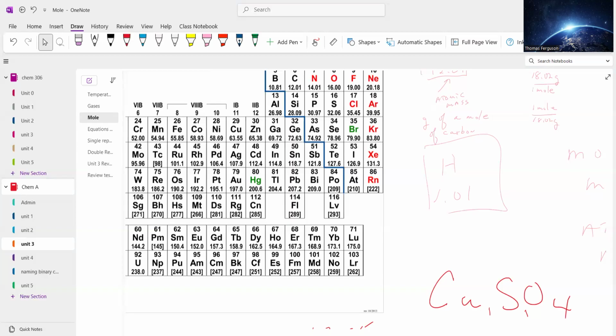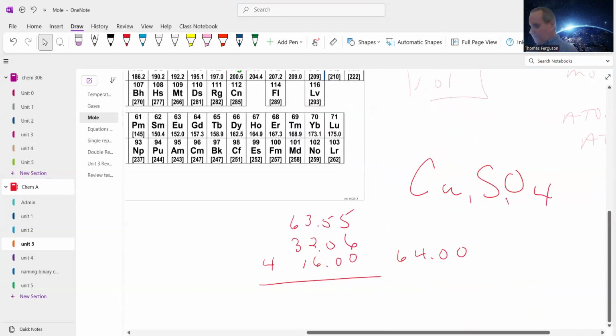Okay, so let's add up copper sulfate. What is the molar mass for copper sulfate?